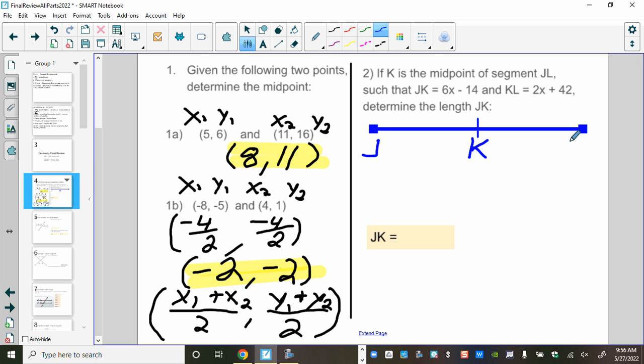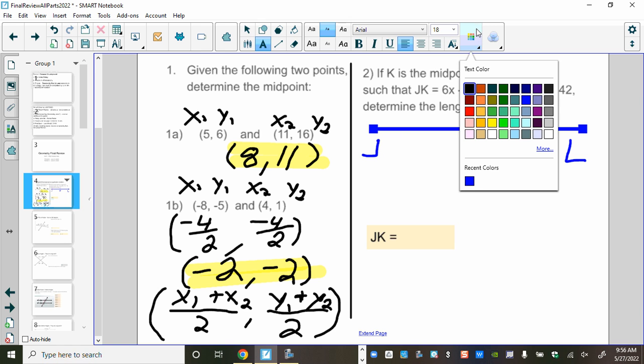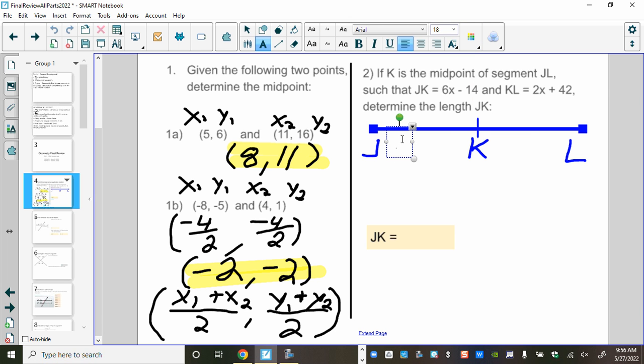So J is here, L is here, and between JK, that's 6x minus 14. And then the other part is 2x plus 42.